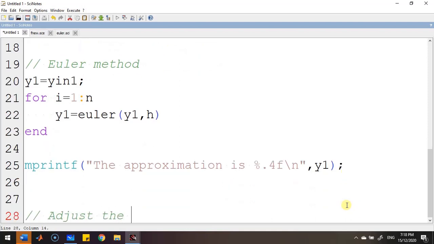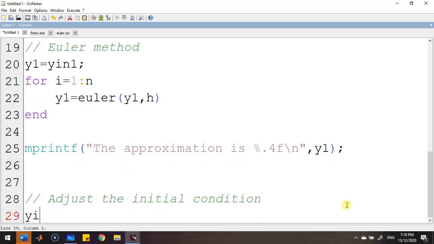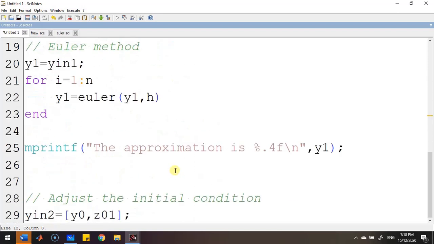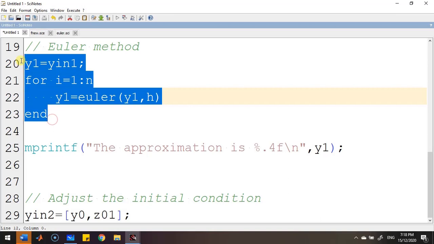Adjust the initial condition. My second Euler condition that I use is y in 2. The second choice is y0 and then z0 equals 1. This is my second initial condition. The first one is this one, and the second one is z0 equals 10. So I do the Euler method again, the same thing I did earlier.